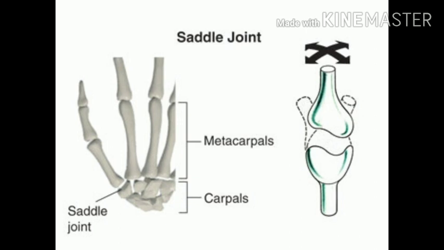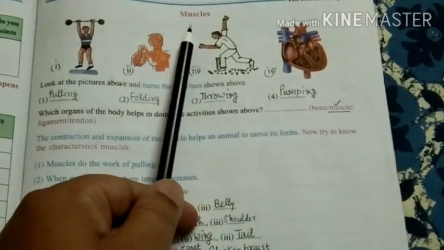It is seen between metacarpal of thumb and corresponding carpals. Bones are clearly seen here. Muscles.